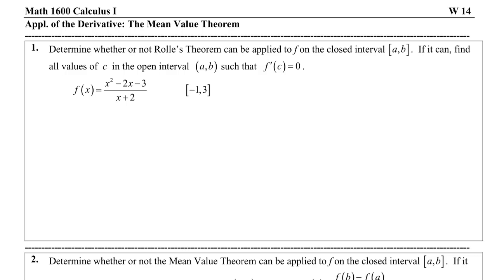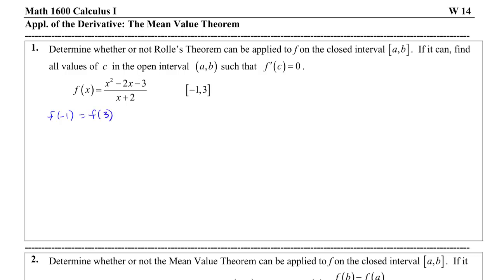Okay, so let's take a look on this worksheet to see some of the mean value theorem problems. So we're going to start with just Rolle's theorem, and we're going to try and see if it can be used. The first thing with Rolle's theorem is I would need to see if f of -1 equals f of 3.